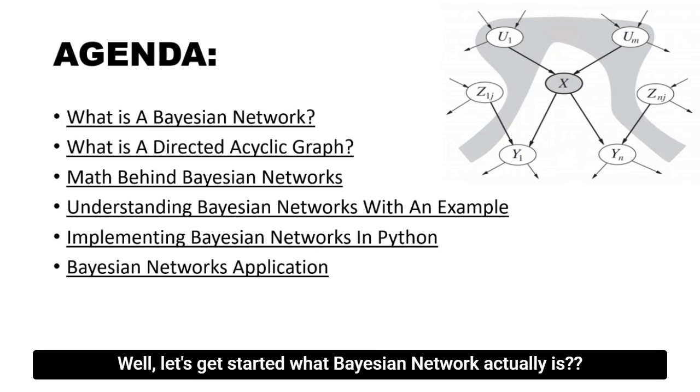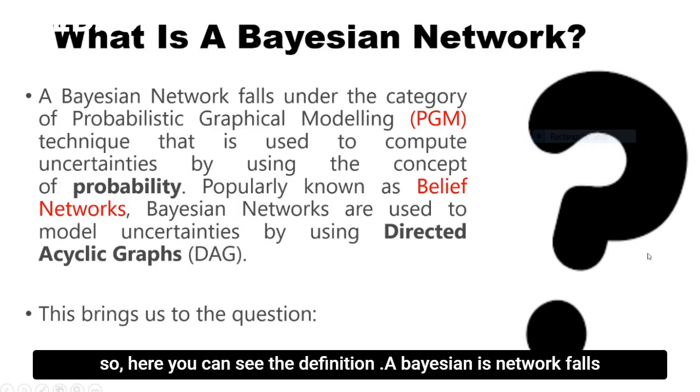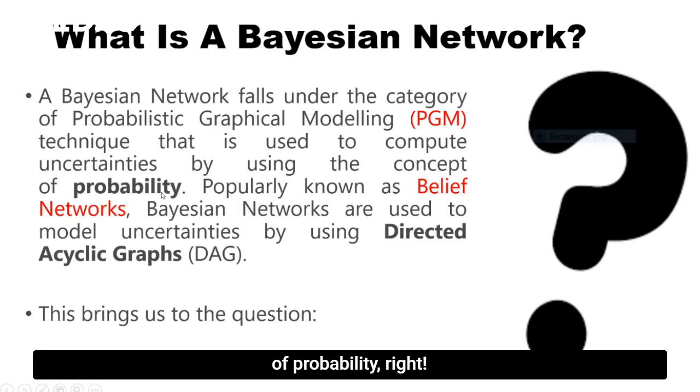Well, let's get started. What is a Bayesian network actually? So here you can see the definition. A Bayesian network falls under the category of probabilistic graphical modeling techniques, PGM, that is used to compute uncertainties by using the concept of probability.